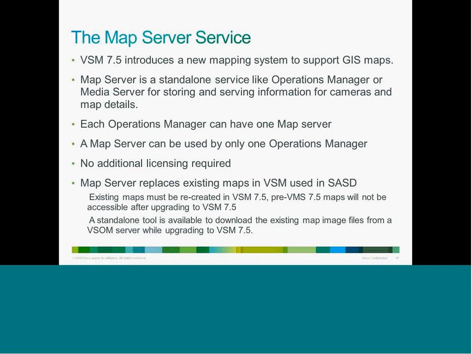Like we have VSOM and VSMS co-resident, we do not support co-residency of the map server with any of the other servers or services. Same for metadata server as well. Operations manager can have only one map server, and that points to having this in a centralized location, right? So all these new services make more sense to be used when you have your centralized deployments.